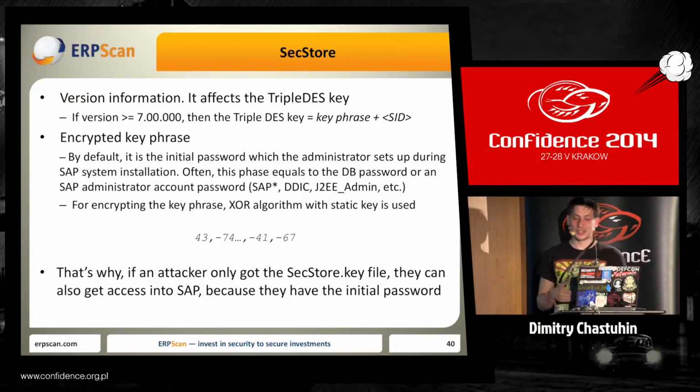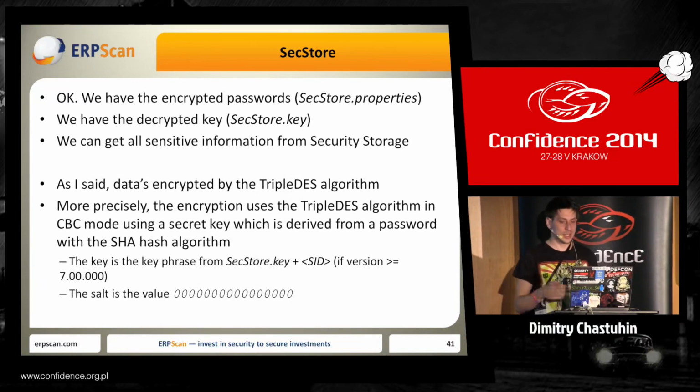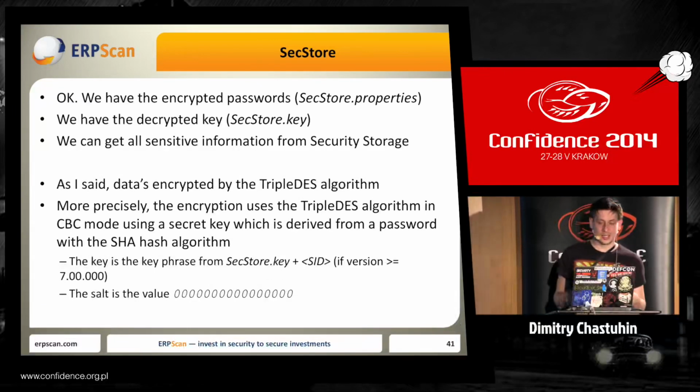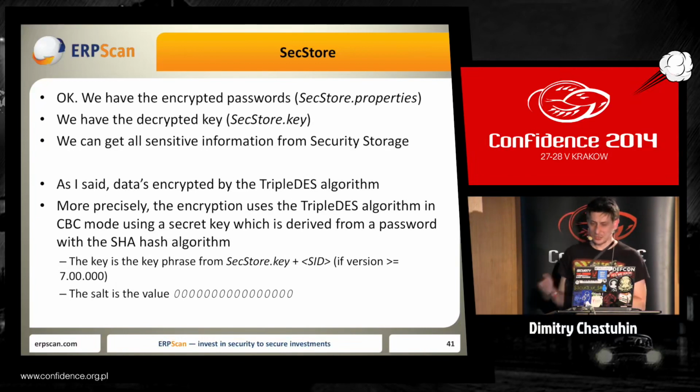That's why, if an attacker only gets the secstore.key file, he can also get access into SAP, because he has the initial password. Okay, now we have the encrypted passwords from the secstore.properties file, and we have the decrypted key from the secstore.key file. Now we can try to decrypt data from the security storage.